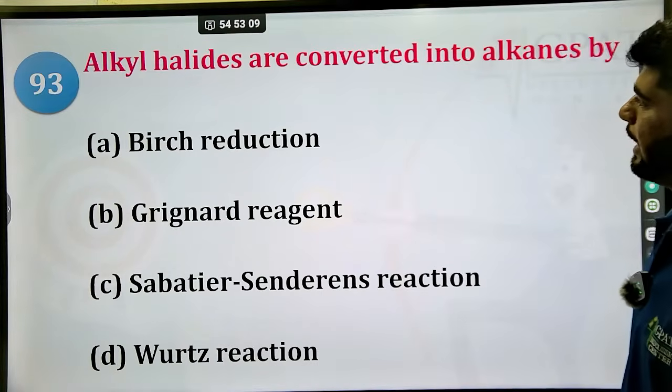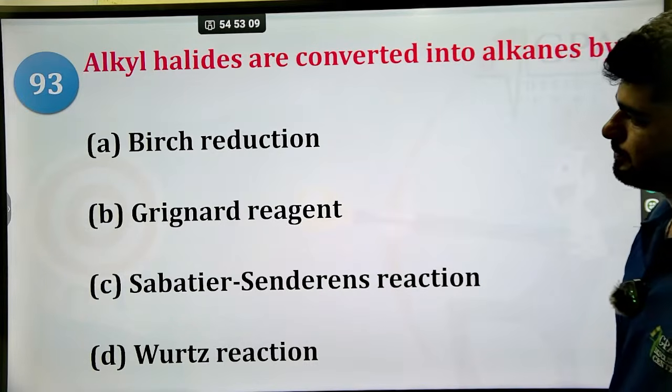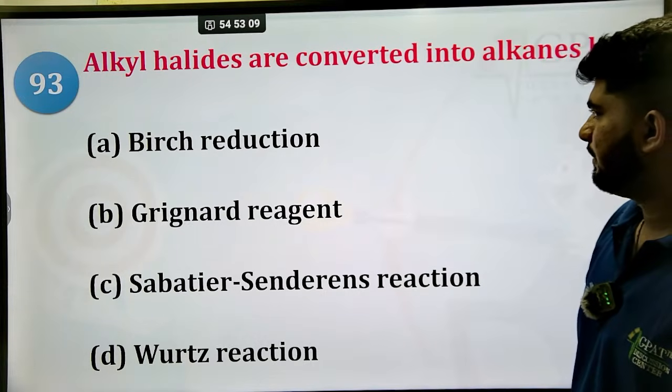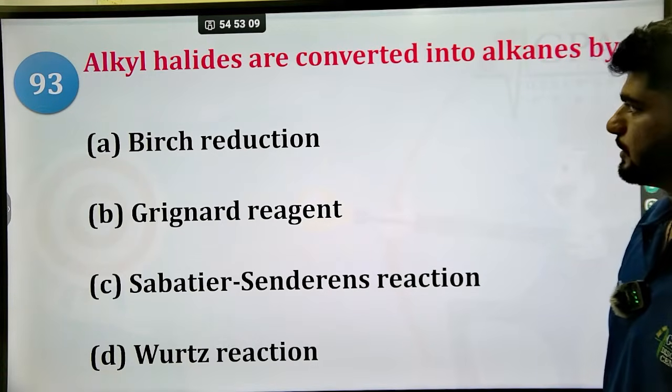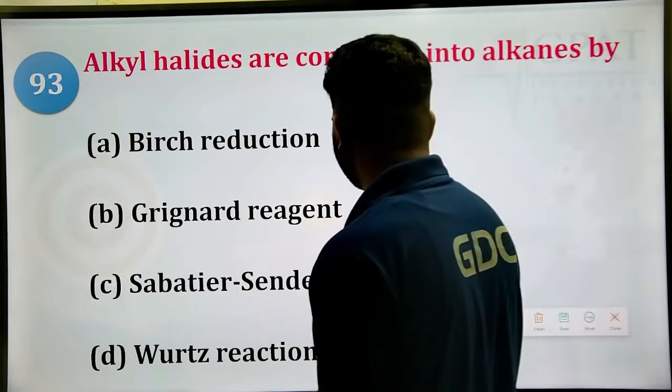Now, alkyl halides are converted into alkanes by Birch reduction, Grignard reagent, Sabatier-Senderens reaction, or Wurtz reaction. Obviously, that would be your Wurtz reaction. How?